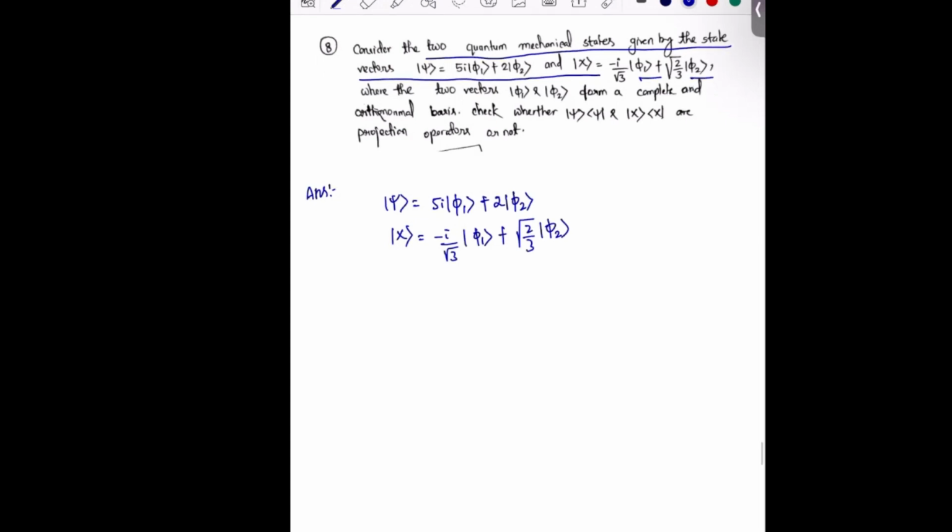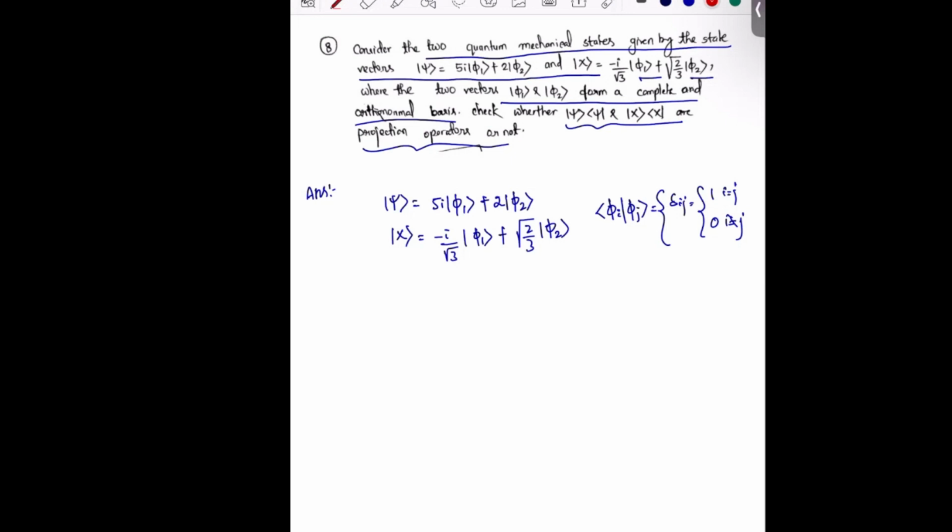Now it is saying that these two vectors are a complete and orthonormal basis. Orthonormal basis means, everyone knows the meaning of orthonormality: delta ij, which is equal to 1 when i equals j and 0 when i is not equal to j. Now it is asking to check whether these vectors are projection operators or not.